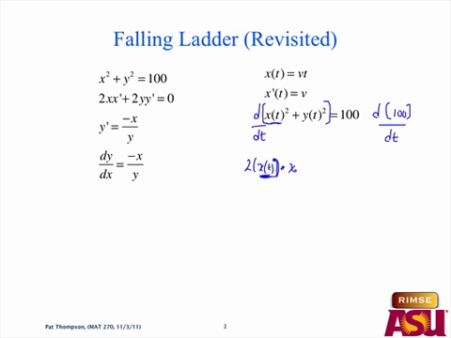It's the derivative of this with respect to t. That's the chain rule, right? Exterior function would be the power rule. Interior function would be the derivative of x with respect to t, or x prime. Does it make sense?